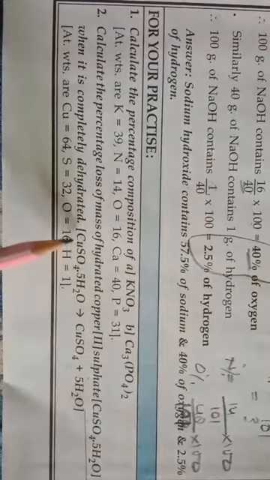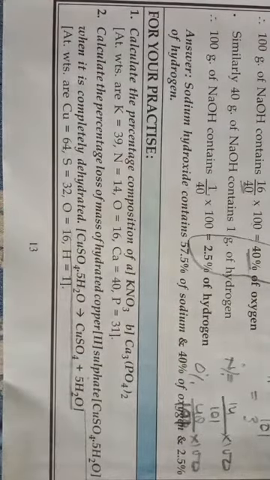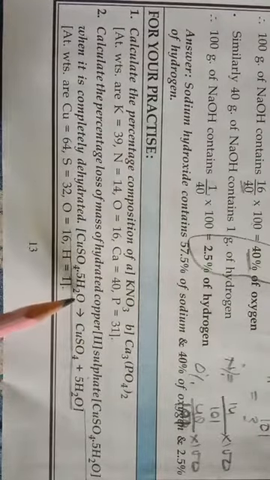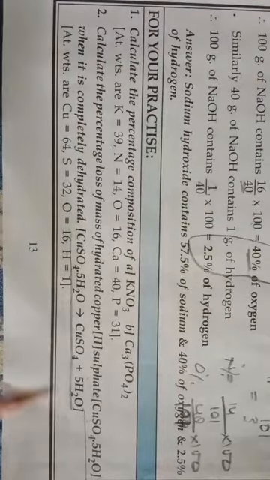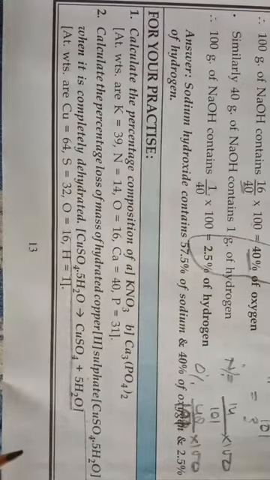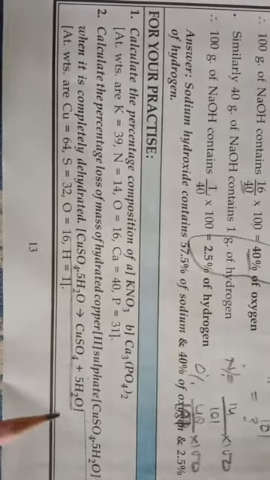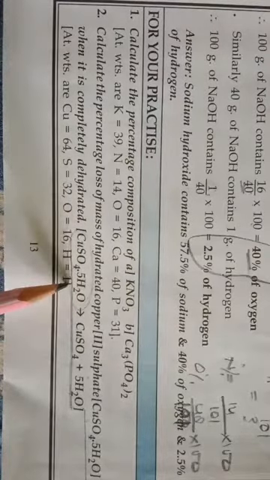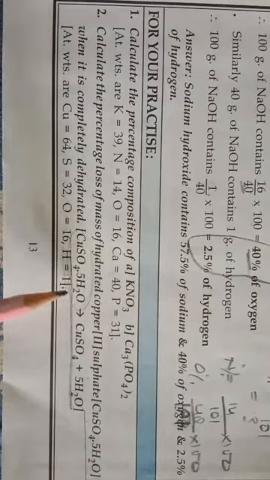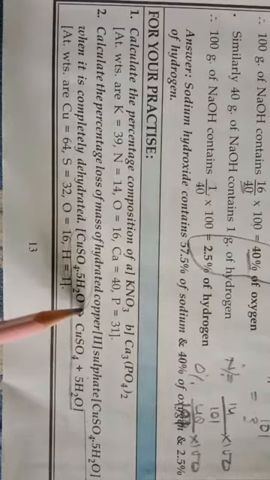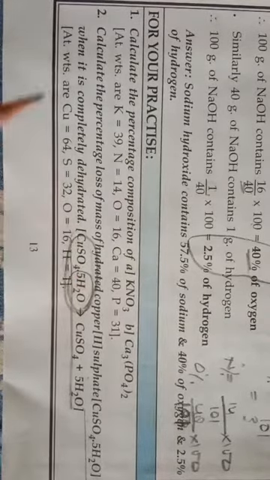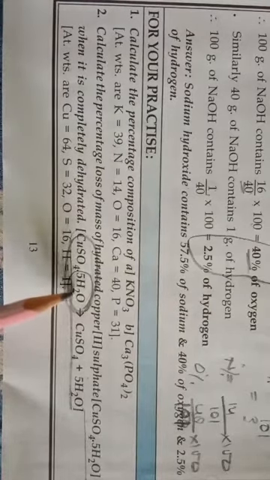Okay, so the equation of dehydration is given here. Okay children, so you can say from this equation that after complete dehydration, 5 molecules of water will be lost from 1 molecule of copper sulfate pentahydrate. So first you have to calculate the molecular mass of this copper sulfate pentahydrate, and then calculate the percentage composition of these 5 molecules of water in this molecule, the percentage composition of water of crystallization.